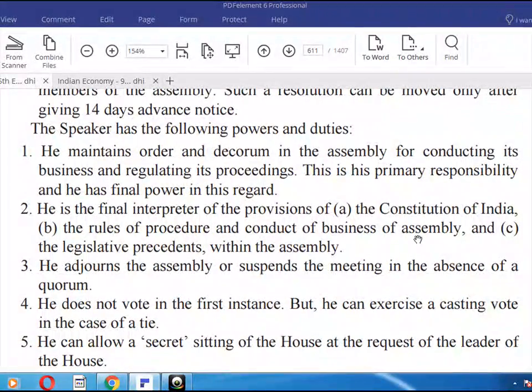The Speaker's powers: he maintains order and decorum in the Assembly for conducting its business and regulating its procedures. This is his primary responsibility, and he has final power in this regard. He is the final interpreter of the provisions of the Constitution of India, the rules of procedure and conduct of business of the Assembly.